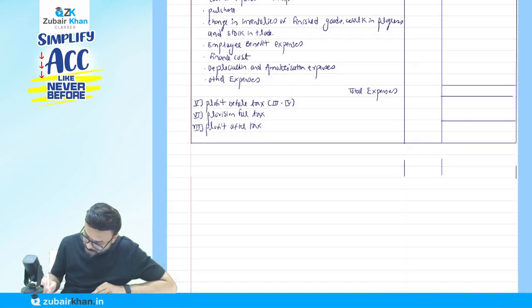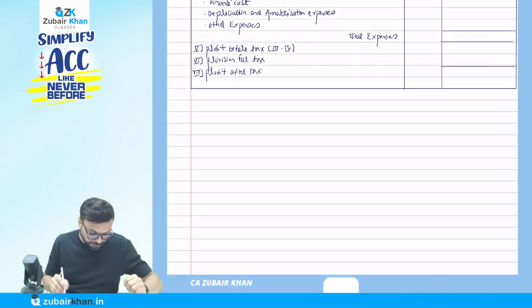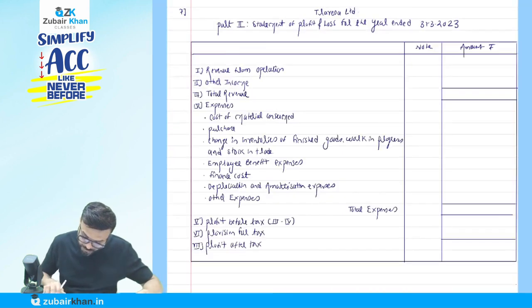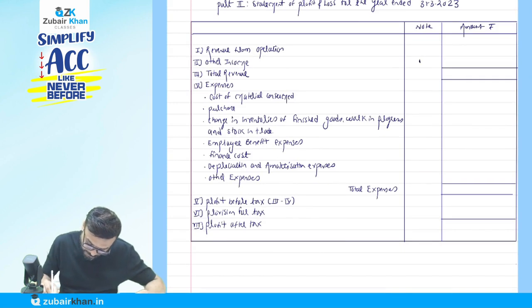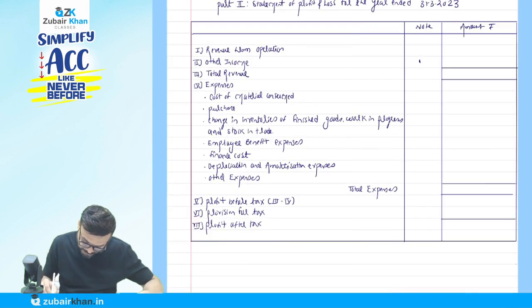Okay, profit after tax there. Then here write notes to account. Notes to account we have to prepare on other income. And then, as we decided, on finance cost and on other expenses.